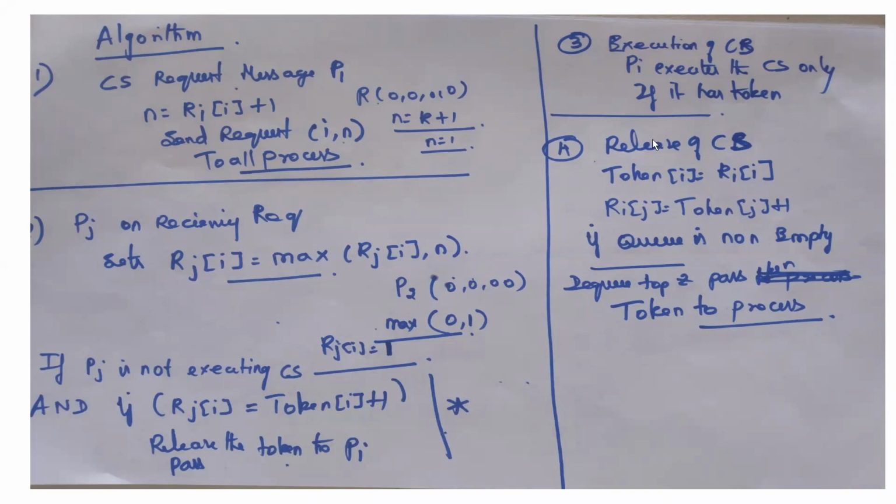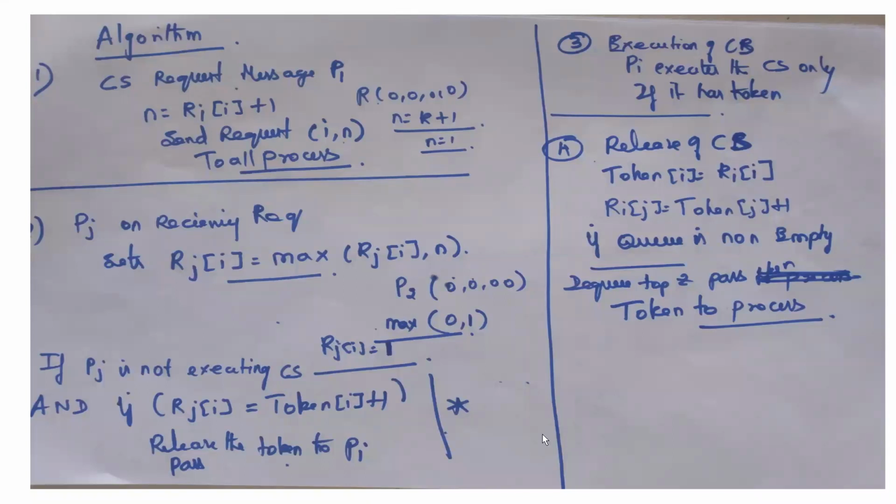Only then this condition will apply. So Ri[j] is equal to token[j] plus 1. If the values of R and the token are equal, then the token will be released to the process which is on the top of the queue. I hope you have understood.